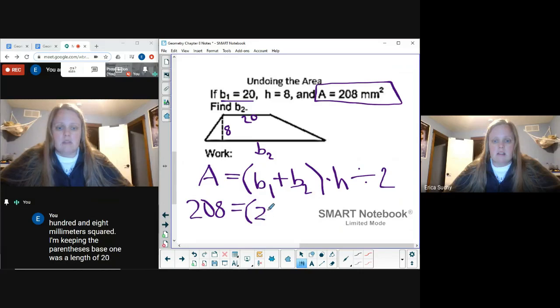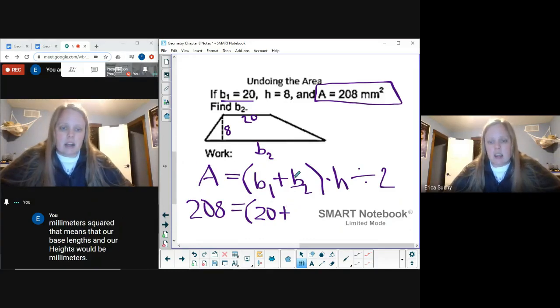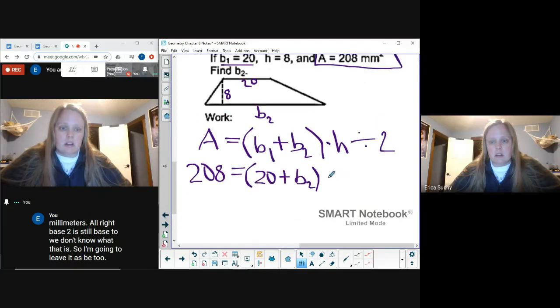And because of the area's measurement, millimeters squared, that means that our base lengths and our heights would be millimeters. All right, base 2 is still base 2. We don't know what that is, so I'm going to leave it as B2. And then times our height, and our height was a length of 8 millimeters. And then divide by 2.